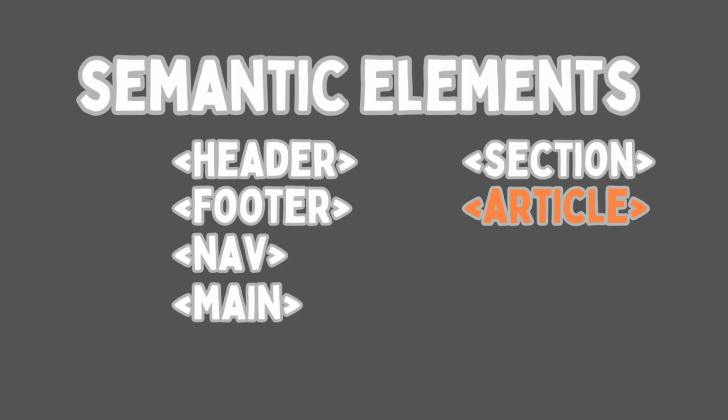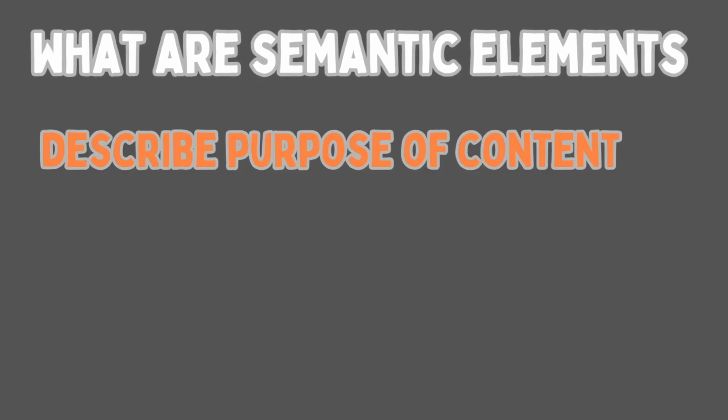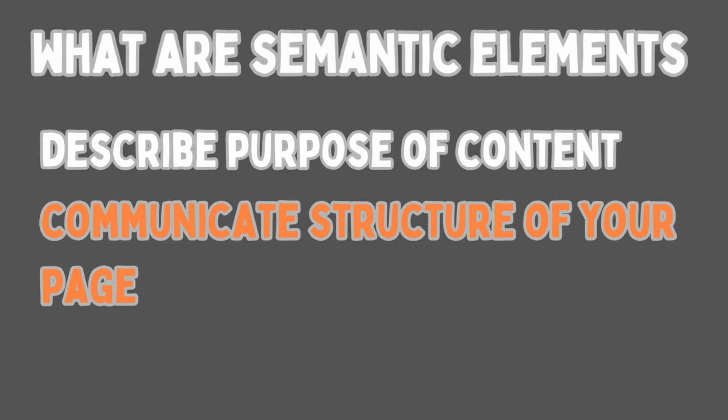Not only does this improve readability for developers, but it also makes your site more accessible to screen readers and better understood by search engines. Semantic elements describe the role or purpose of the content within them, making your code easier to understand. These elements communicate the structure of your page to both developers and browsers.